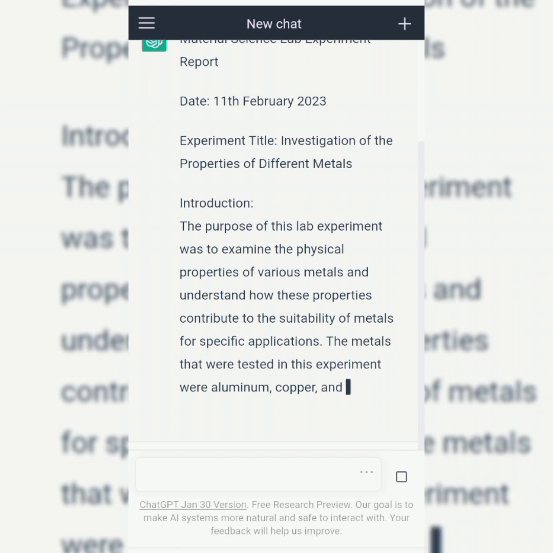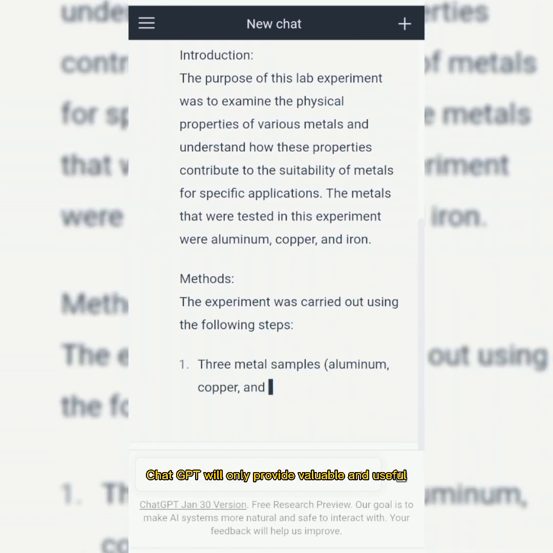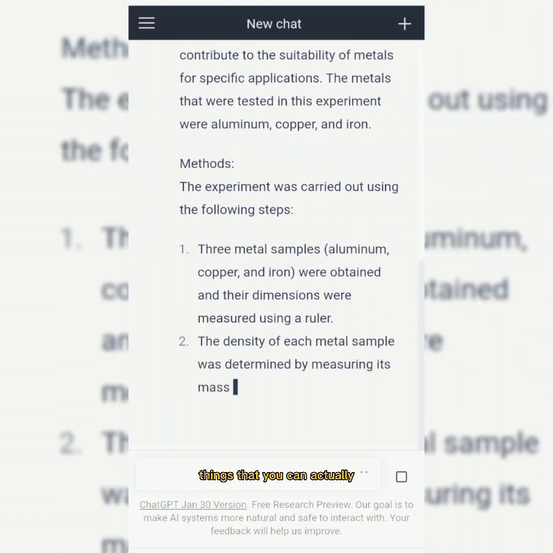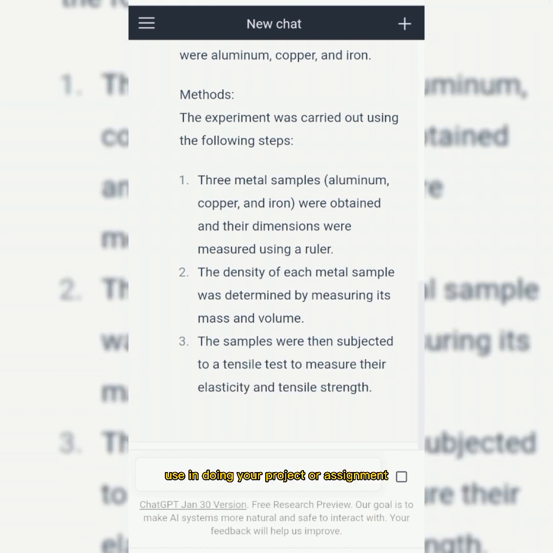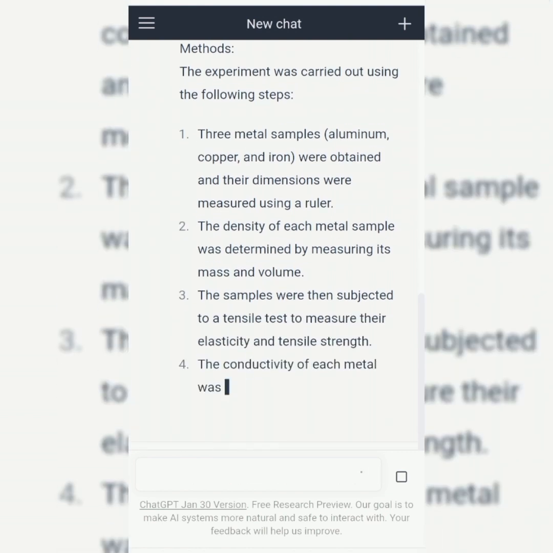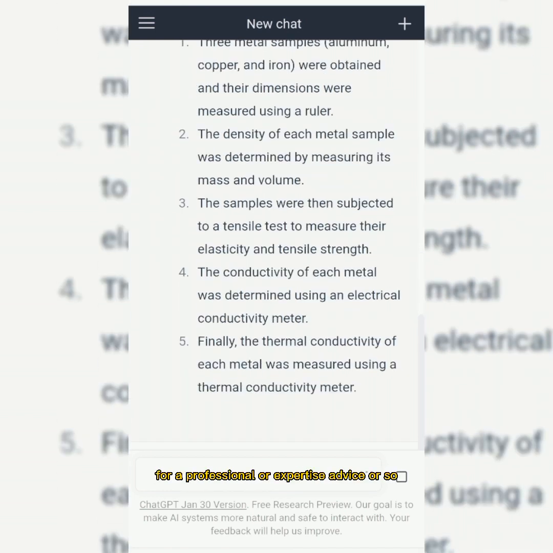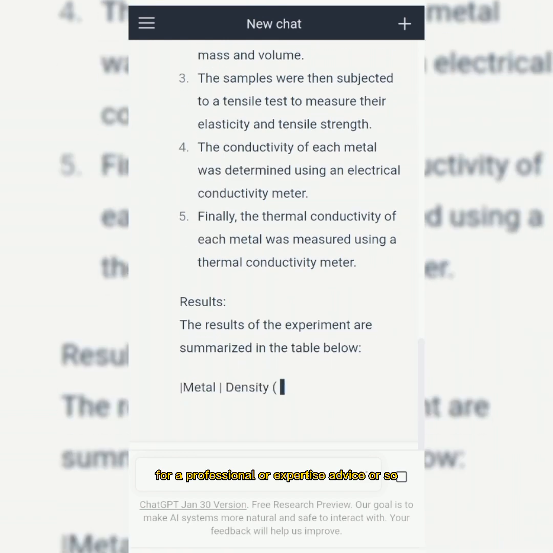However, ChatGPT will only provide valuable and useful things that you can actually use in doing your project or assignment. You should not use ChatGPT as a substitute for professional or expert advice.